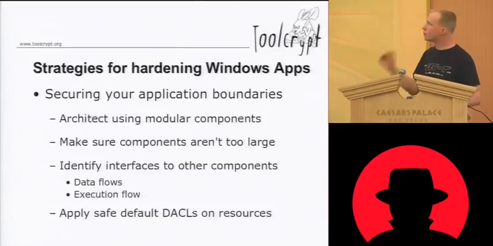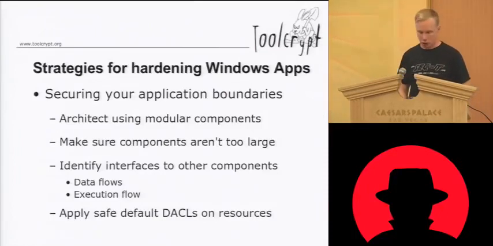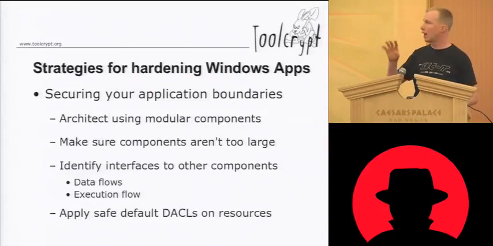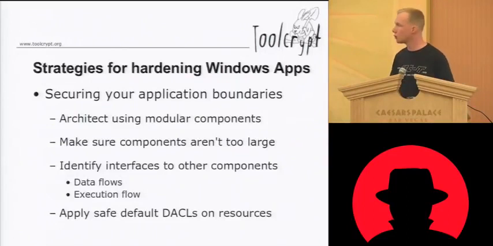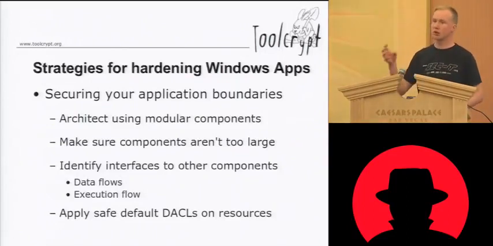So if we can take our application and break it down into several different parts and specify in documentation all the interactions between that module and the rest of the application, then we can actually start to look at that particular module in isolation, look at those interfaces, and do threat modeling, perhaps according to the SDL by Microsoft, or in another style that you're more comfortable with. But at least looking at these in bite-sized chunks, you can understand what the code is doing with the inputs and outputs.